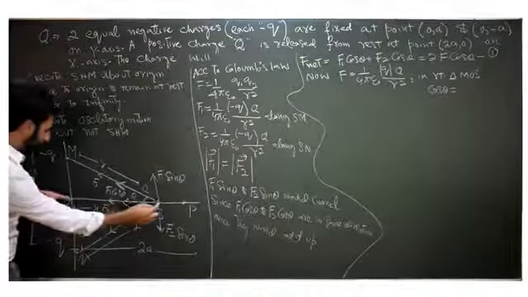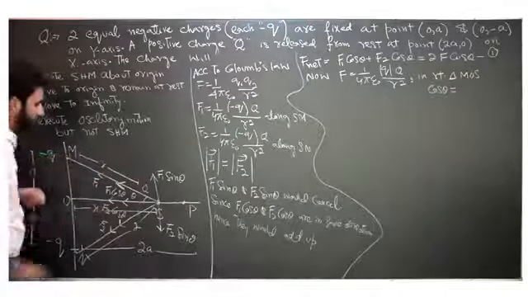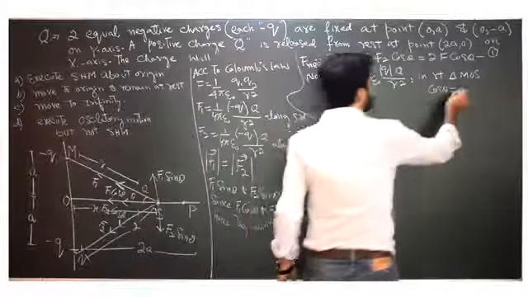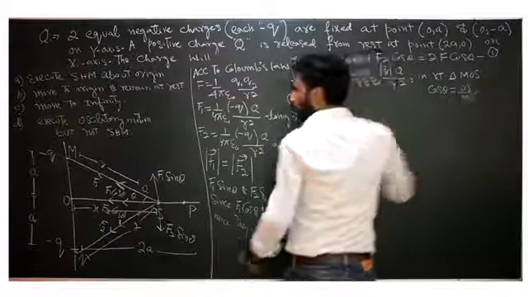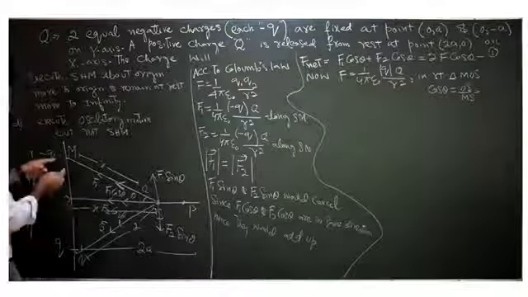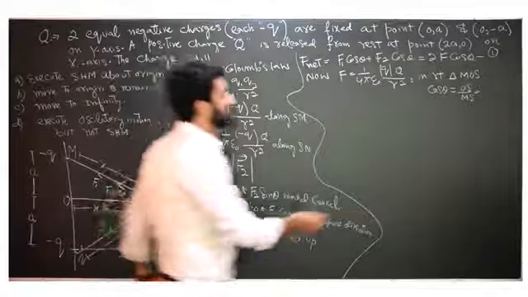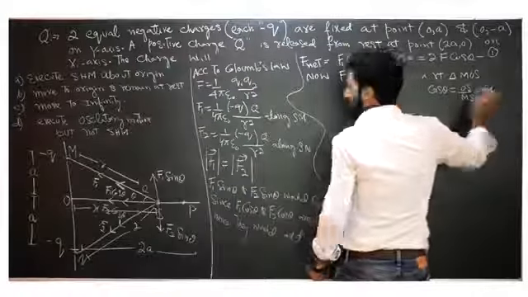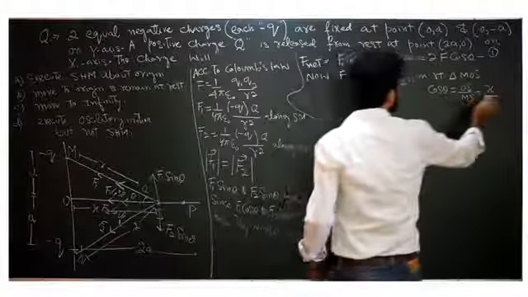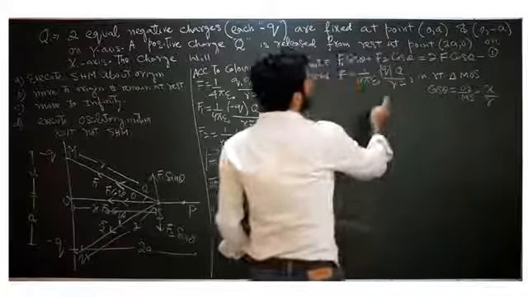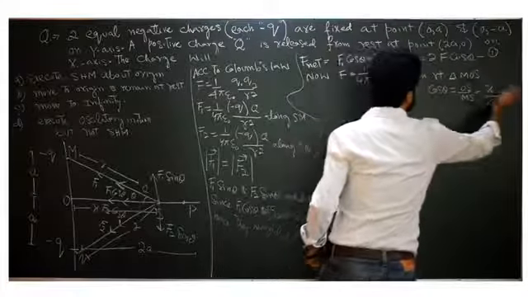Base is this OS and hypotenuse is MS, so it is OS by MS. Now OS is equal to X, and MS is equal to R. Let's call this equation 2, and this one equation 3.